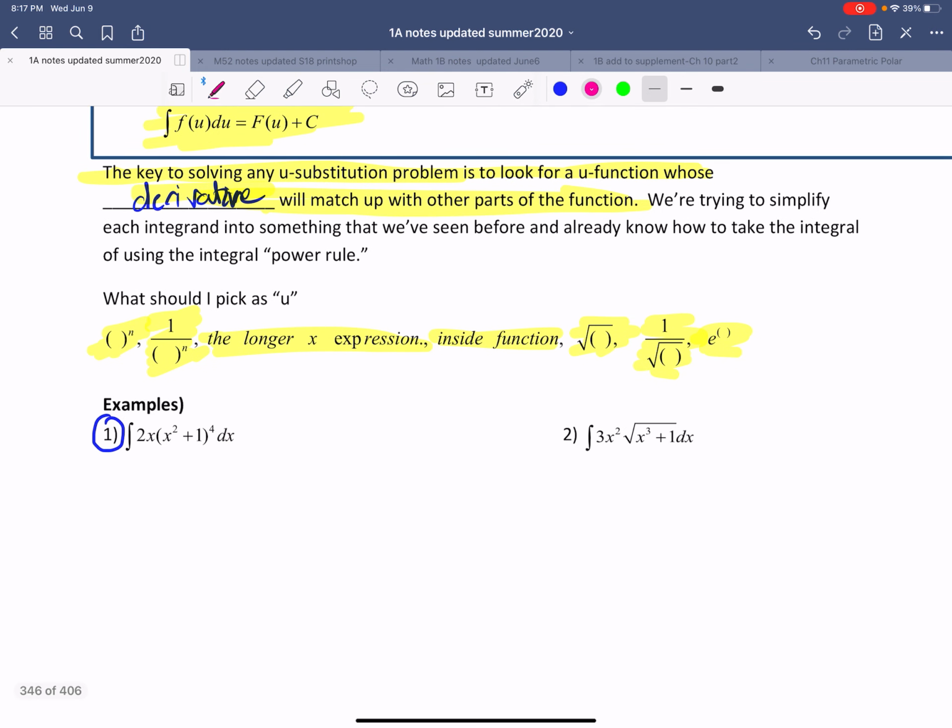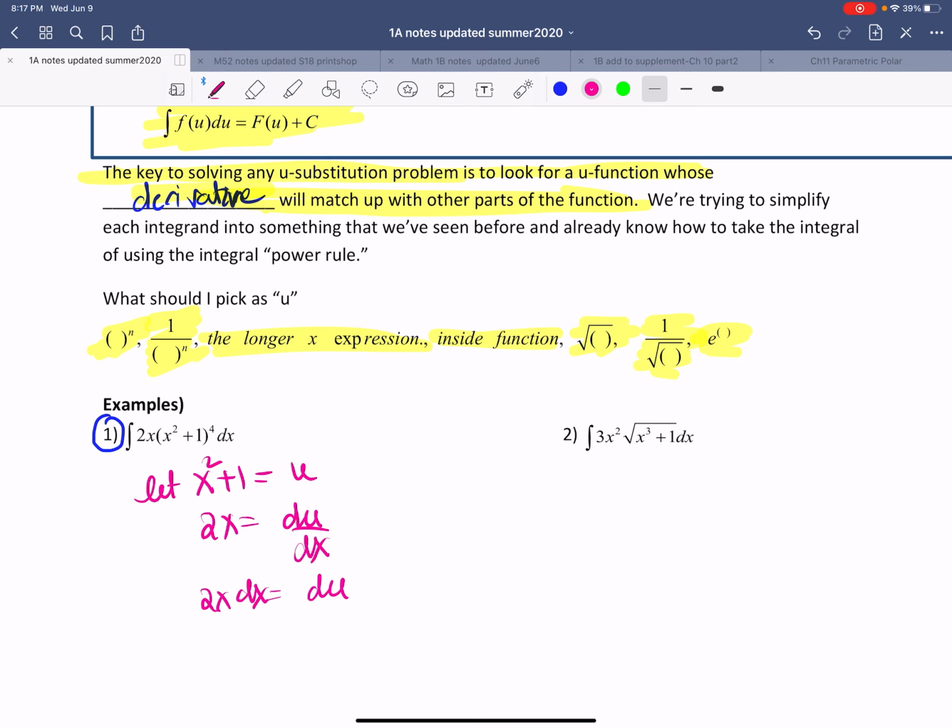Here's the first example, integral of 2x times (x squared plus 1) to the 4th power dx. So we are going to let x squared plus 1 be u because I see its derivative sitting out in the front. So 2x dx will be du. If I differentiate with respect to x, then 2x will be equal to du over dx, or I can say 2x dx is du.